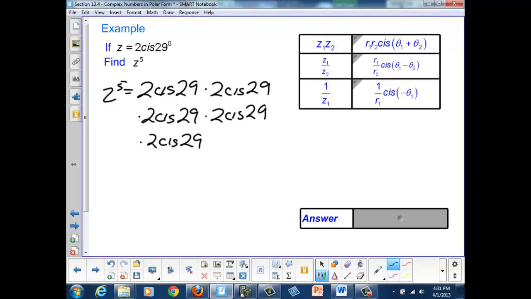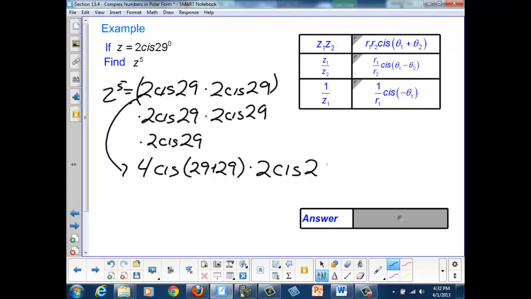If I work out a pair of these separately, for instance this first pair, well, I just remember that I multiply the first r times the second r and add the two angles. So this piece becomes 4 cis 29 plus 29. If I multiply that by another 2 cis 29, it becomes 8 cis, and now I'll have 29 plus 29 plus 29, or 3 29s.